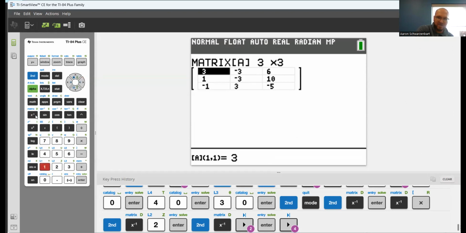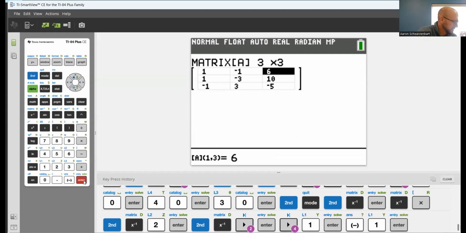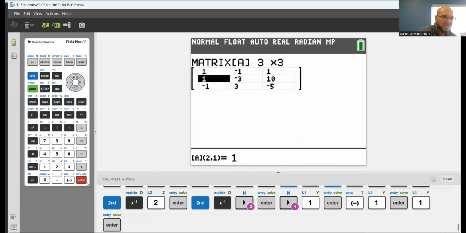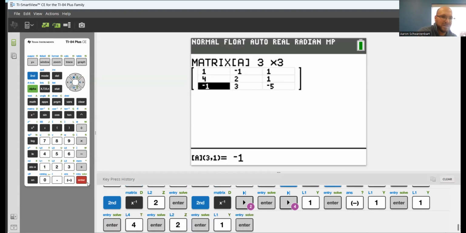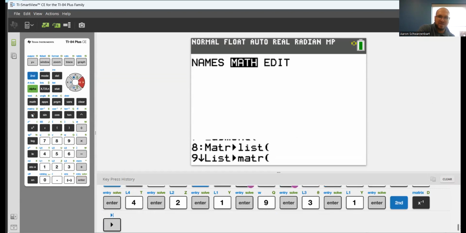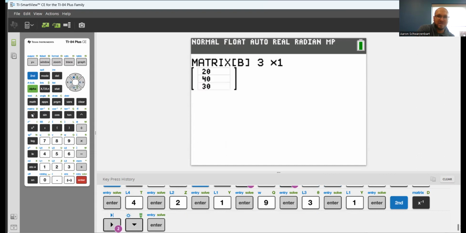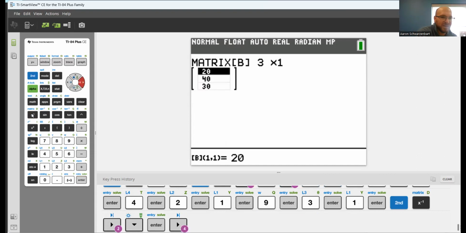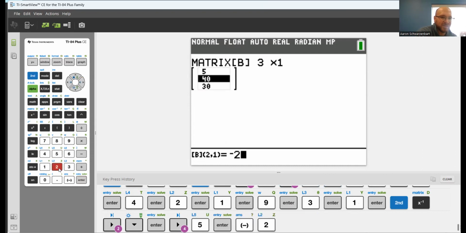And that is 1, -1, 1, 4, 2, 1, 9, 3, 1. Then the solutions: 5, -1.